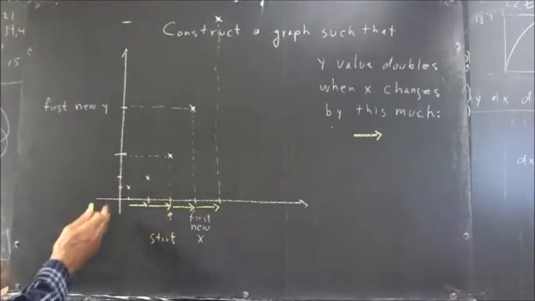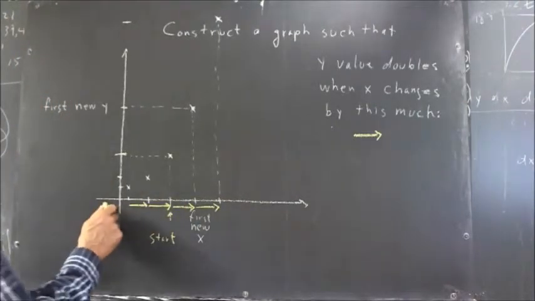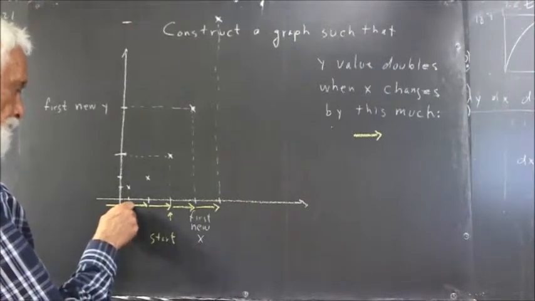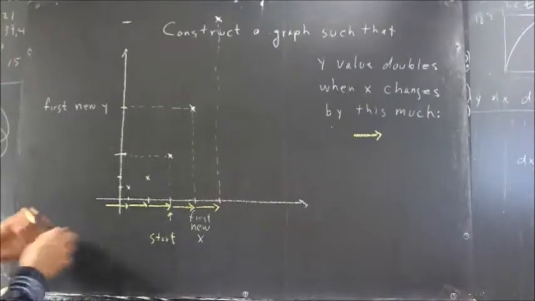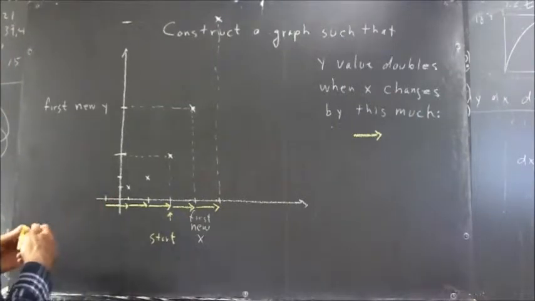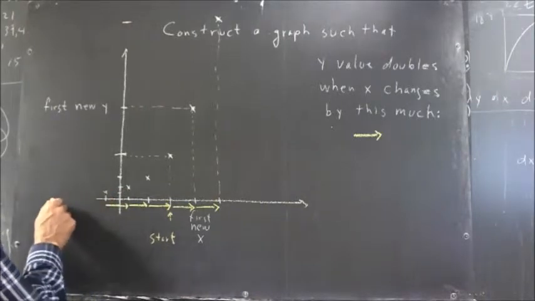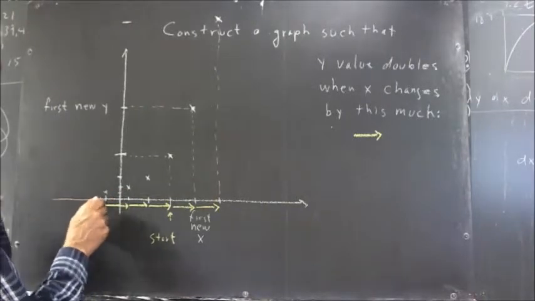We don't get past the y-axis. We don't get past x equals 0. Now I'm going to let x decrease again, and that's going to cut y in half again. And we can do that actually a couple more times.